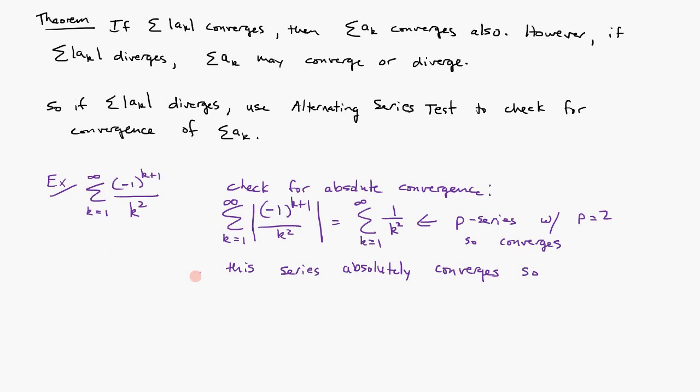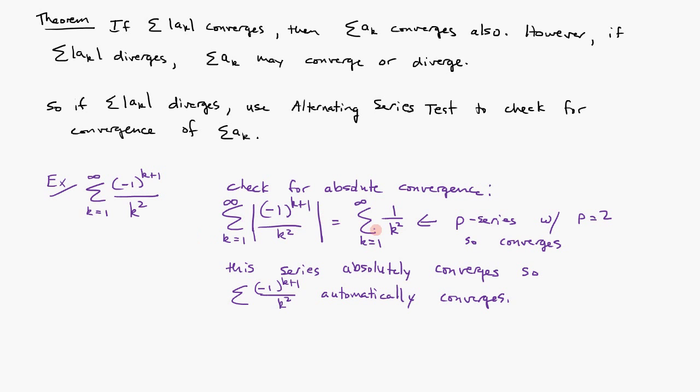So the original series automatically converges. So in this case, we were able to find convergence of an alternating series by checking for absolute convergence instead of using the alternating series test.